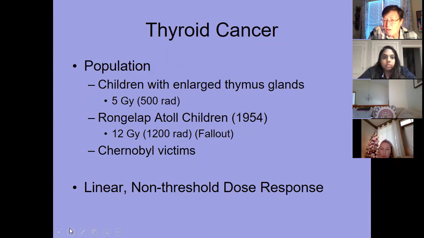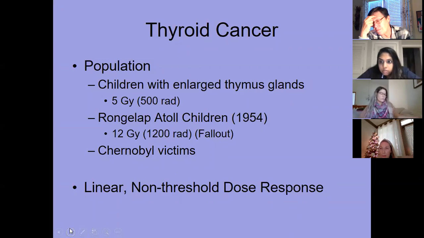Children who had enlarged thymus glands, they irradiated the thymus to shrink it, but the thyroid was right at the edge of the radiation field. So they irradiated to about 5 gray to shrink the thymus, and then a large number of those children developed thyroid cancer.